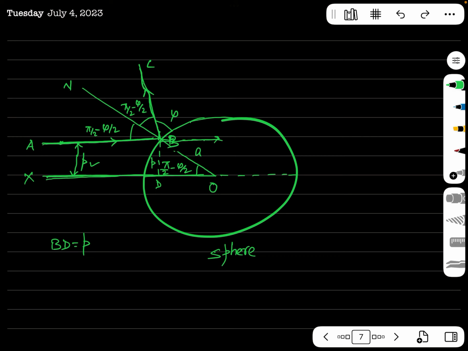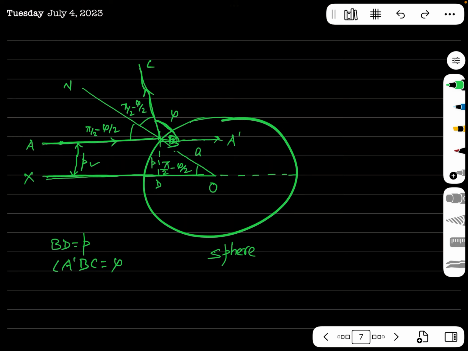And you know the angle between the direction of incidence and the direction of scattering is the angle of scattering. If we mark it by A dashed, then the angle A dashed BC is equal to phi, and this is the angle of scattering.